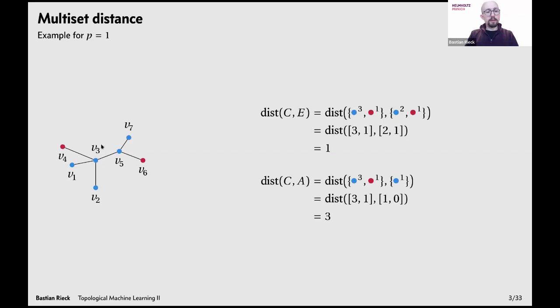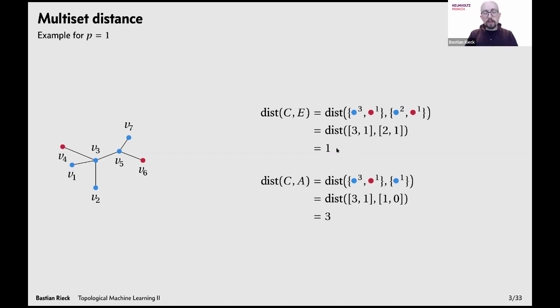So we say that V3 has 3 blue neighbors and 1 red neighbor, and V5 has 2 blue neighbors and one red neighbor. And so the distance between those multisets is given by this expression here, so by 3, 1, 2, 1. And we can, of course, calculate this easily.